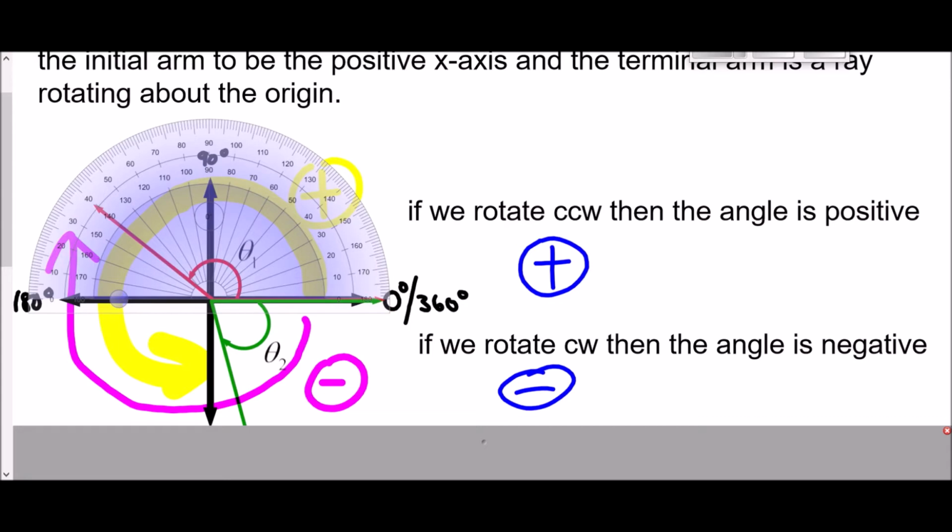We would say that it is angle theta equals, in this case, starting from here 0, 10, 20, 30, 40, so on and so forth. It is, I would say, 140 degrees. If you get a slightly different angle, it's fine. And make sure you also put the degree sign there.